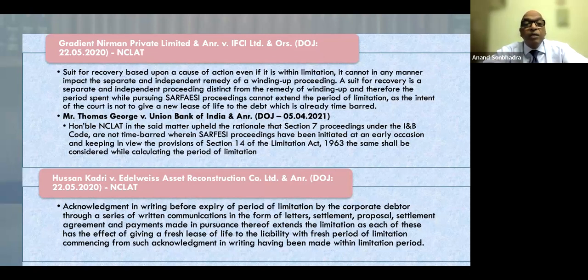A suit for recovery is a separate and independent proceeding distinct from the remedy of winding up, and therefore the period spent while pursuing SARFAESI proceeding cannot extend the period of limitation, as the intent of the court is not to give a new lease of life to the debt which is already time barred.